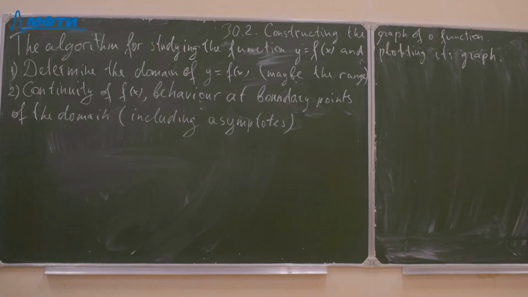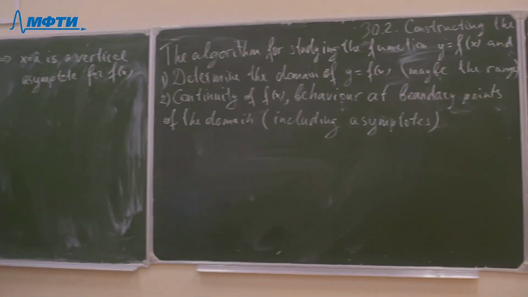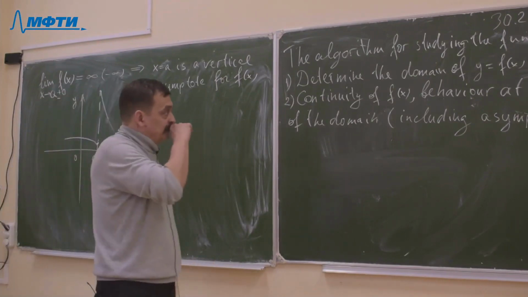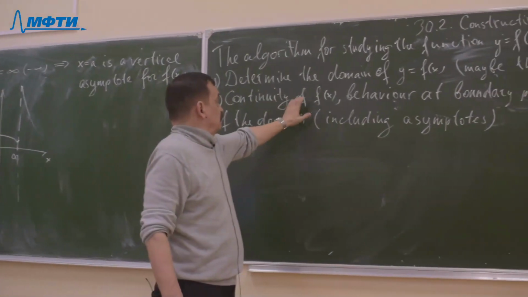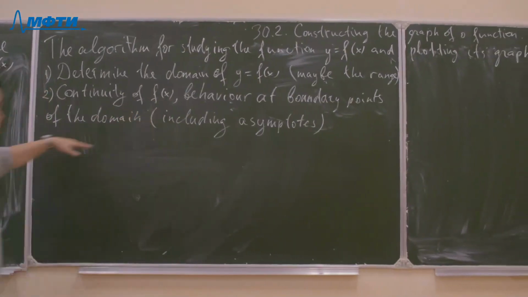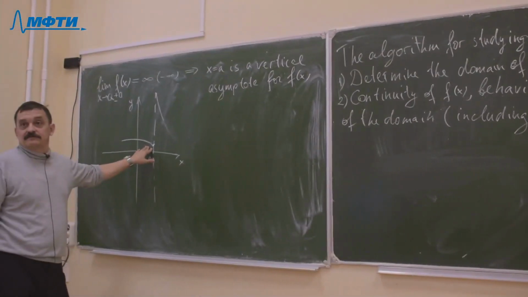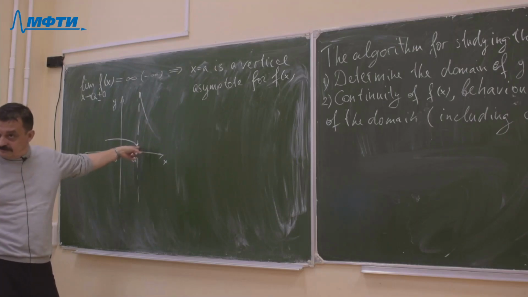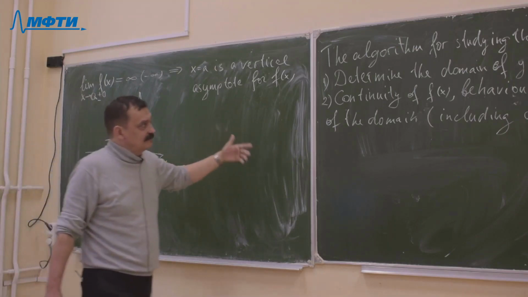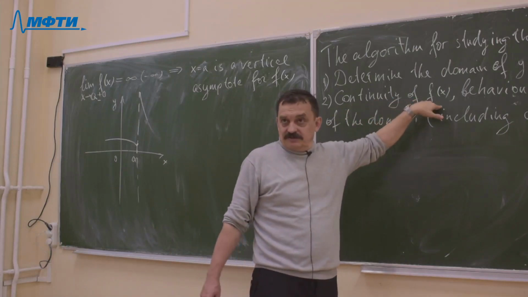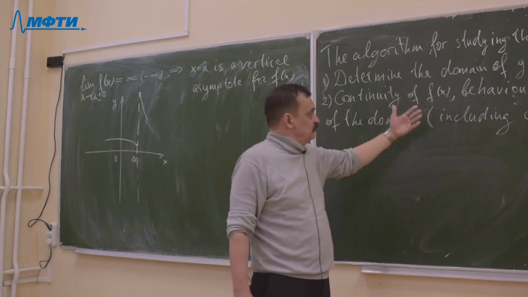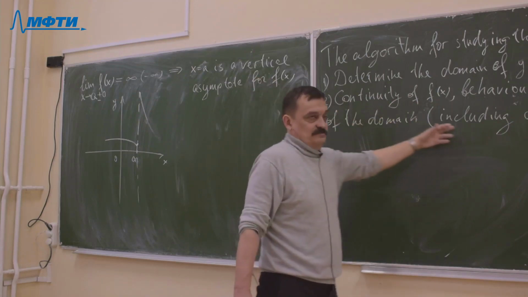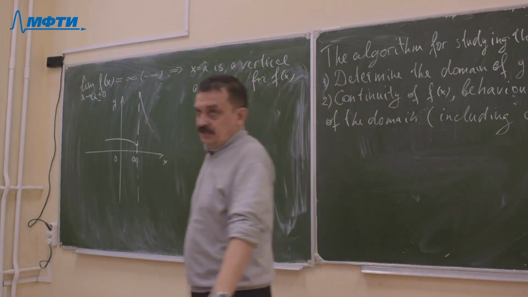And the same is about a vertical asymptote. That is behavior at a boundary point: a is a boundary point of the domain. Or when you consider continuity for a function like that, a is included in the domain, but the function is not continuous, right? So when we consider continuity, definitely we'll need to determine also vertical asymptotes. That is why I include asymptotes here.